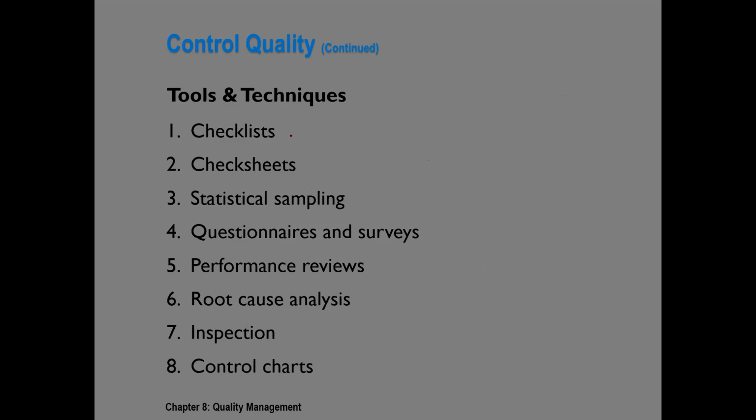Tools and techniques, we already talked about most of them: checklists, check sheets, statistical sampling. And when we talked about statistical sampling, though we are going to discuss it soon, it is more about in which situation we do sampling. Can you tell? Instead of checking all the samples, we do statistical sampling.